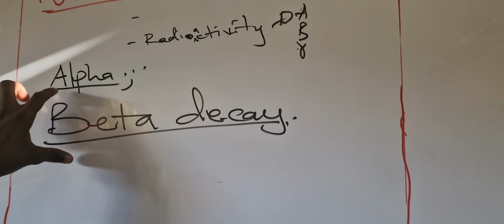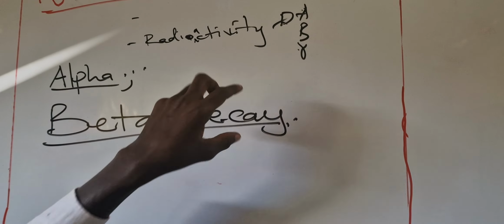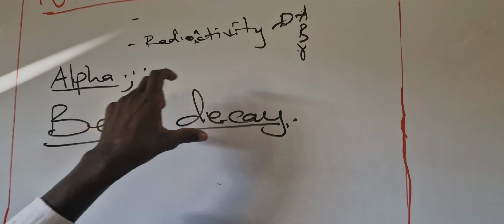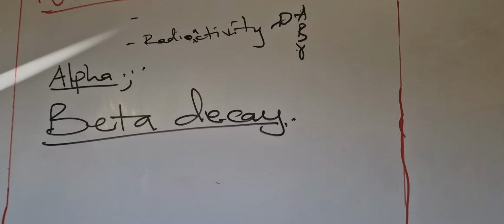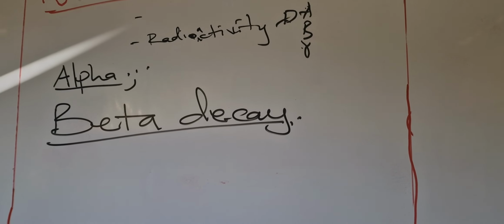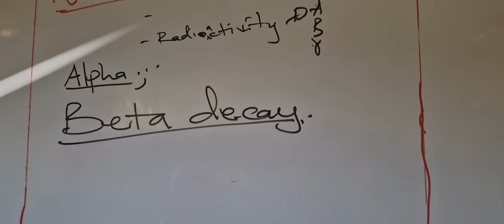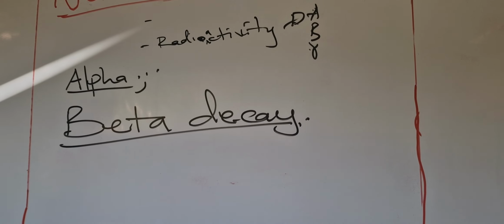For such nuclei or atoms whose nuclei decay by emission of beta radiations, they are usually light elements. They are usually light nuclei. They are elements with very light nuclei in their atoms.